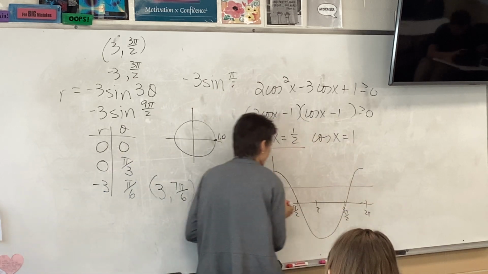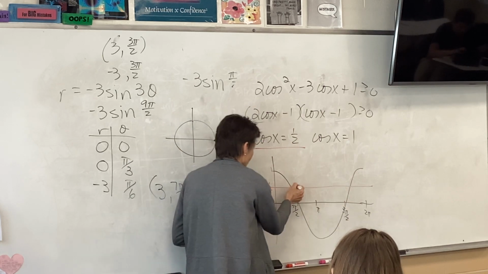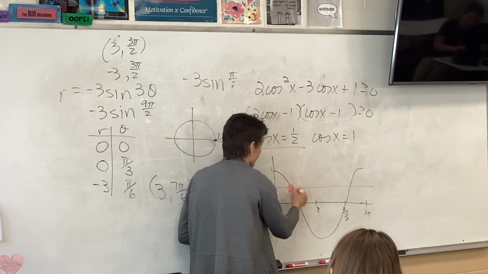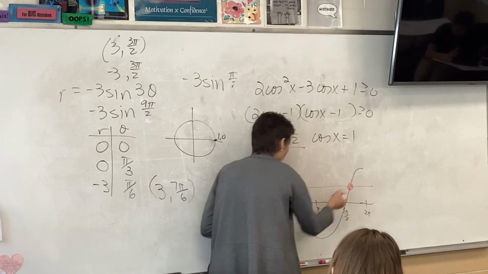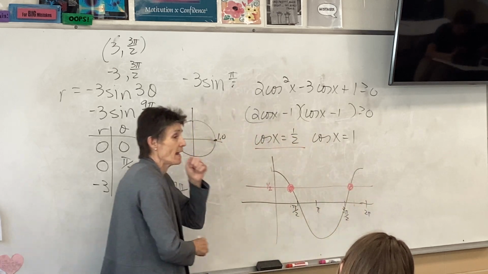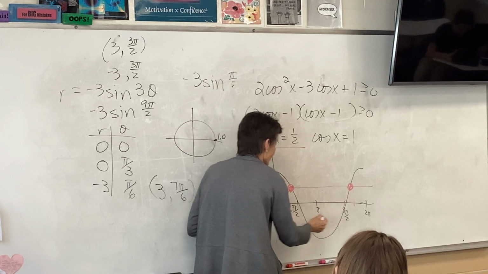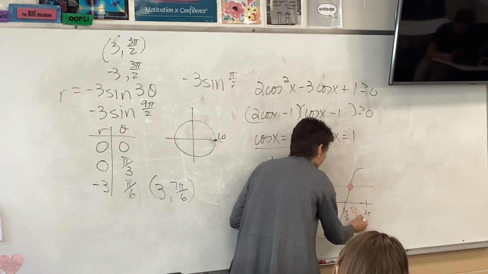That would be right here. Remember, this is 1. So this is where the cosine is a half, here and here. Well, what angles have a cosine of 1/2? Pi over 3 and 5 pi over 3.